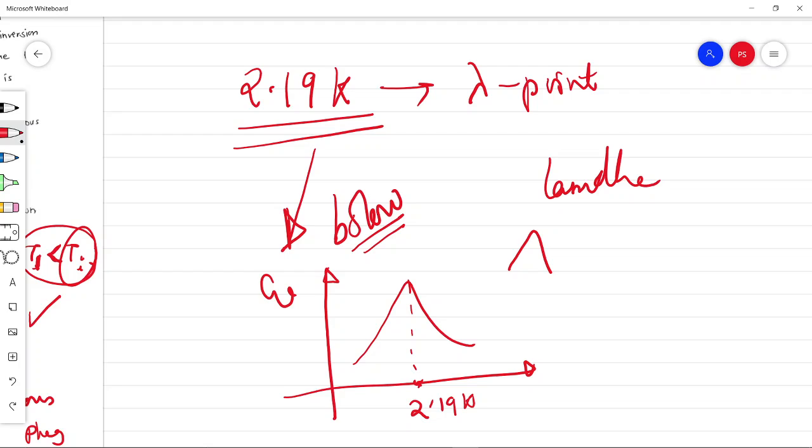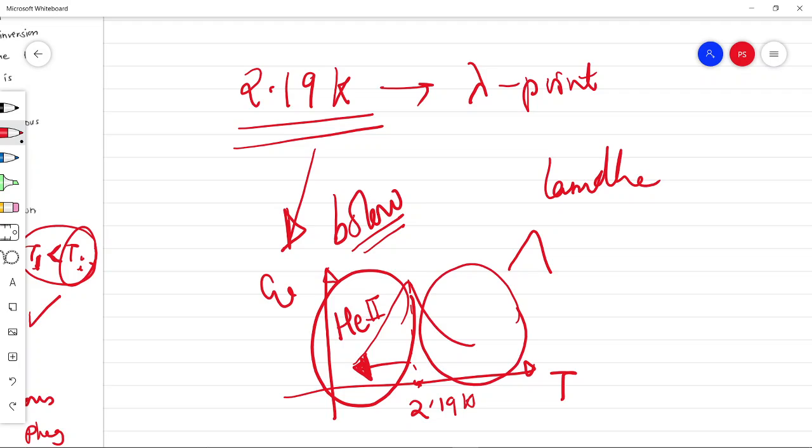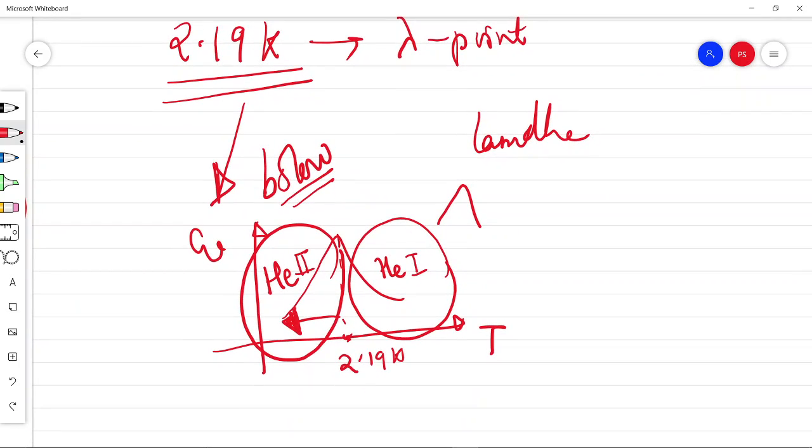The helium behaves quite differently when the temperature is below 2.19 Kelvin. That type of helium is called He2, and the liquid helium above this temperature is called He1. Some of the strange properties exhibited by liquid helium below the lambda point temperature is superfluidity.